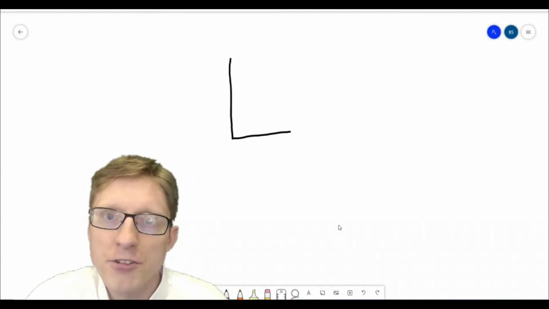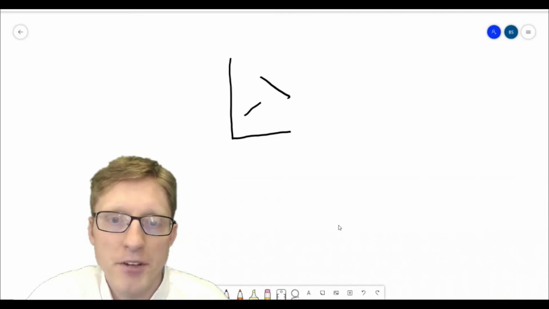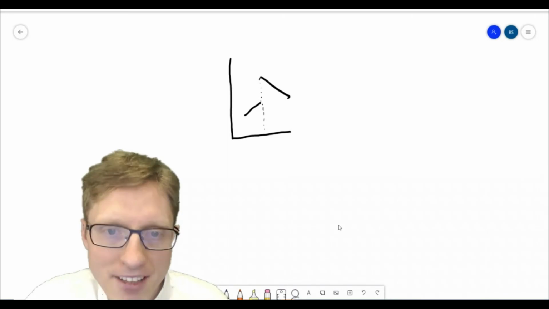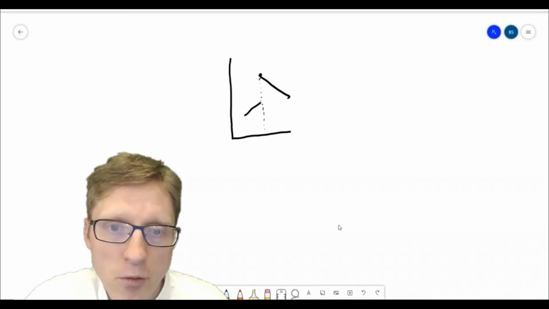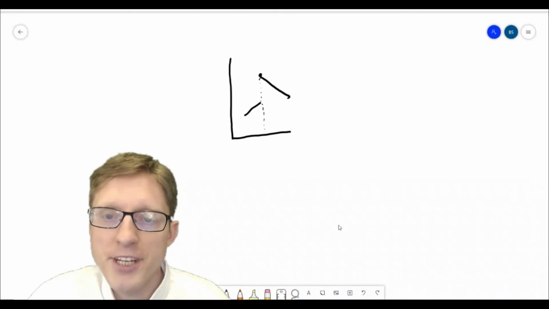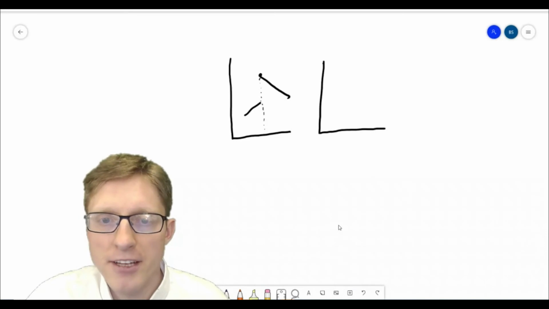Let me first draw that for the case where the function is not continuous. There's a jump at this value of x. You can see here that the maximum of this function occurs at this point where the slope is not equal to 0. So these solution techniques may fail when our function is not continuous.